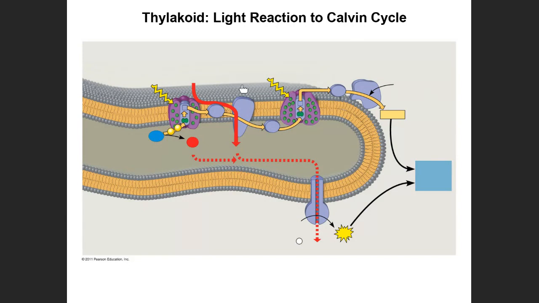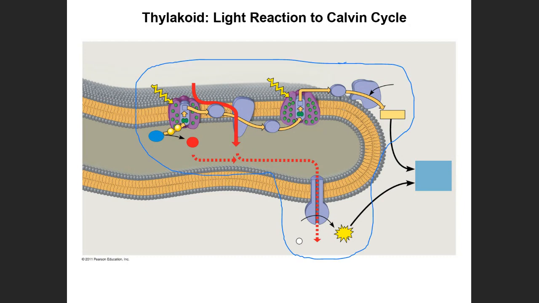So this is that figure I showed you where it gives you a wider view or wider detail. Up here, if I circle all of this here, I've just circled everything associated with the light reaction.